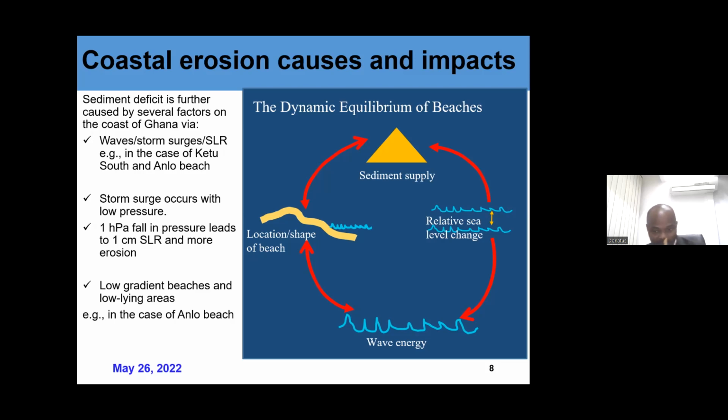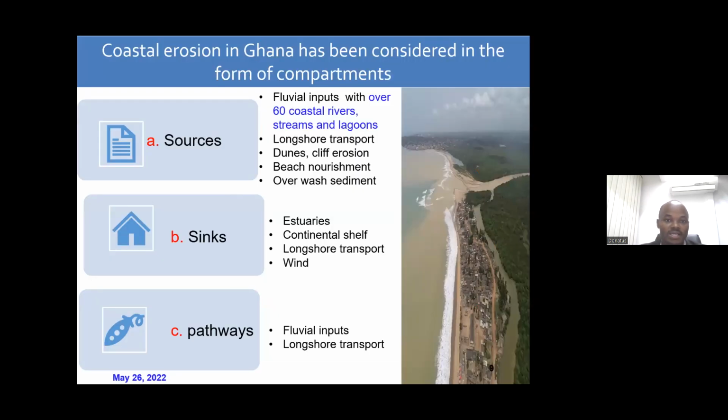It is widely known that a 1 hectopascal decrease in atmospheric pressure is likely to result in what? An increase in sea level. And once this happens, with the nature of the beach, if your beach is very gentle, like that at Anglo Beach and that of K2 South, then there's a high chance of what? Flooding and significant erosion. Next slide, please.